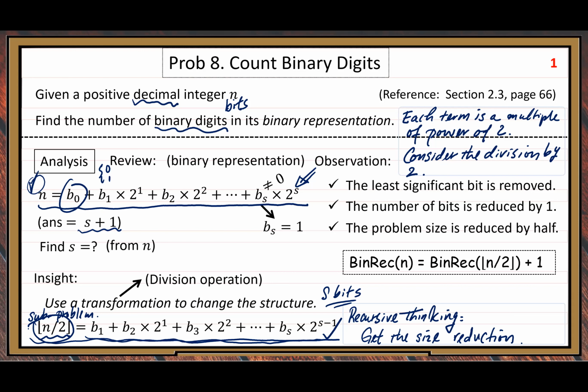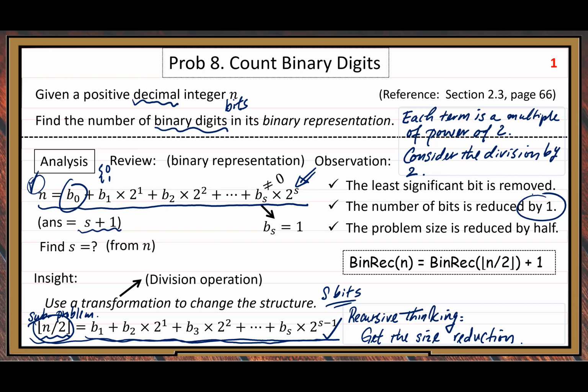So the left-hand side, bin rec of n, equals the right-hand side: we find the answer of the subproblem with half of the size, bin rec of floor of n over 2, but you need to add 1 because the difference is 1.